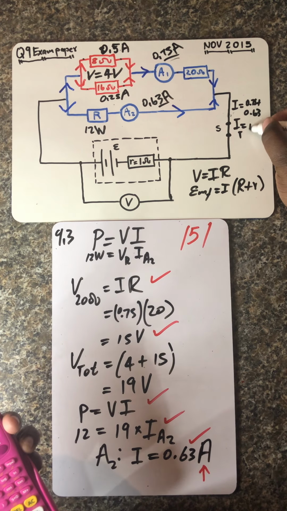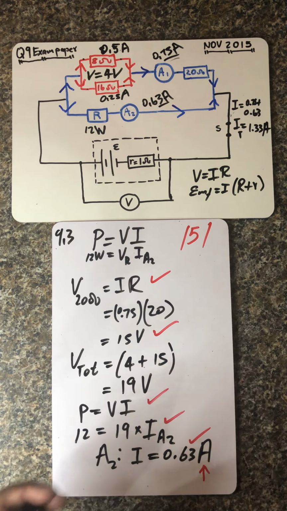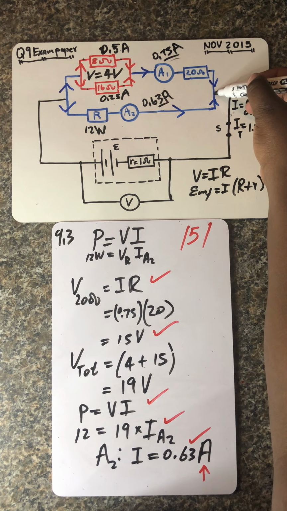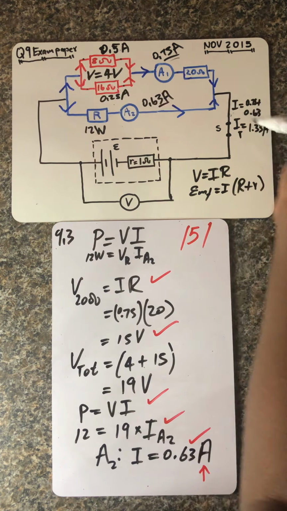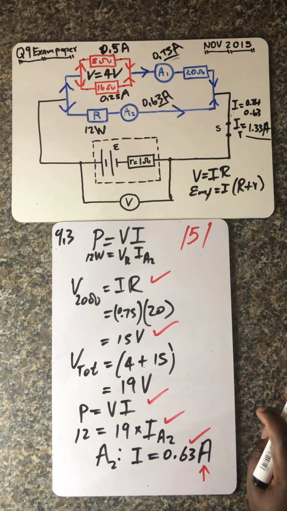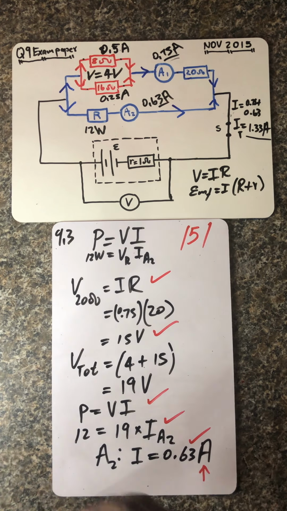So that means this is 1.33 amperes. So what I'm saying guys is that the current flowing on that black wire is 1.33. Okay, so guys, let's now move to the next question.